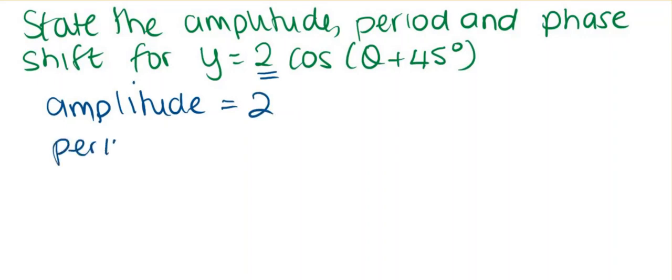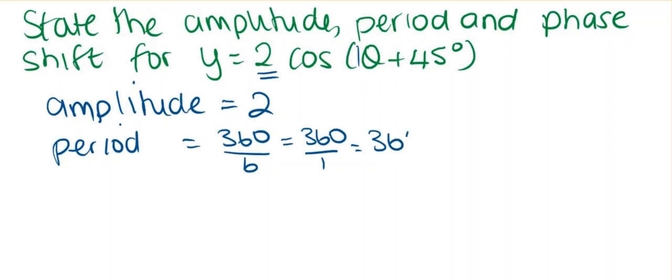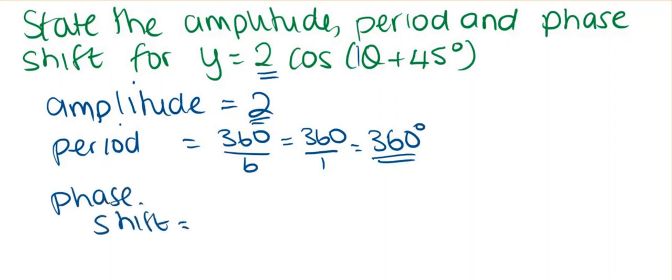To find the period, we need to do 360 divided by b, and b is 1, so 360 divided by 1. Our period is 360 degrees. And then our phase shift is plus 45, so it's going to be left. It's moved to the left by 45 degrees.